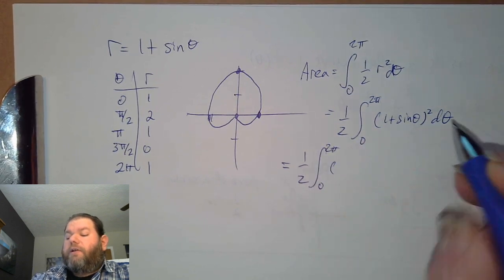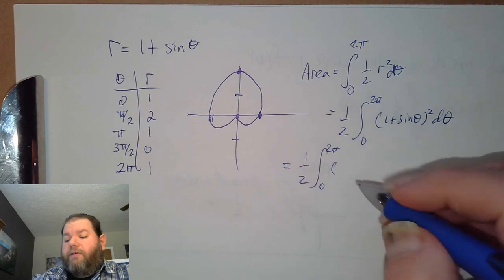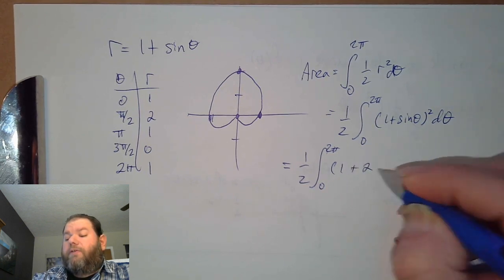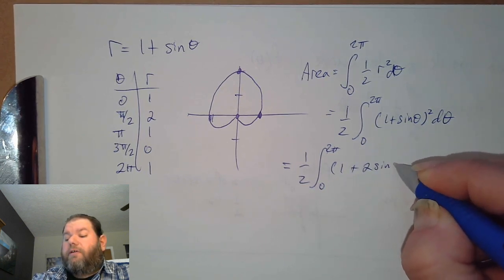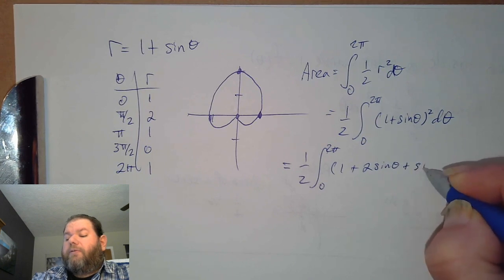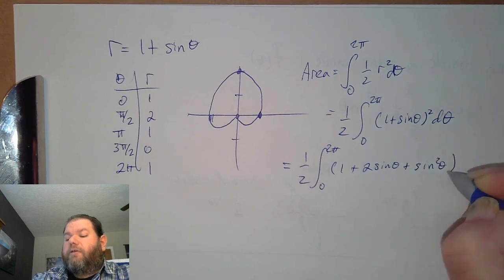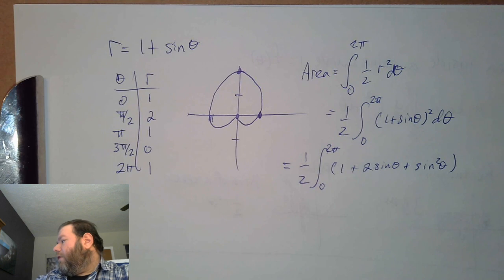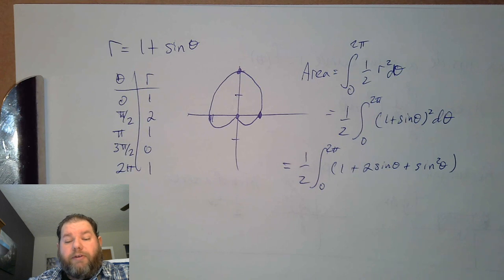So we'll go ahead and square the binomial here: 1 plus 2 sine theta plus sine squared theta. And we'll have to convert sine squared theta into its corresponding power-reducing identity, which is 1/2 times 1 minus cosine 2 theta.